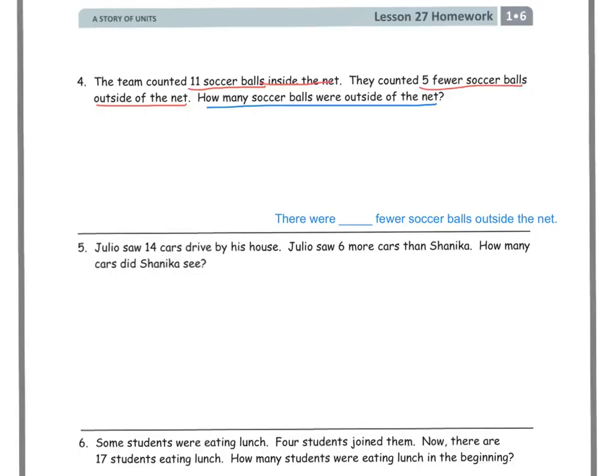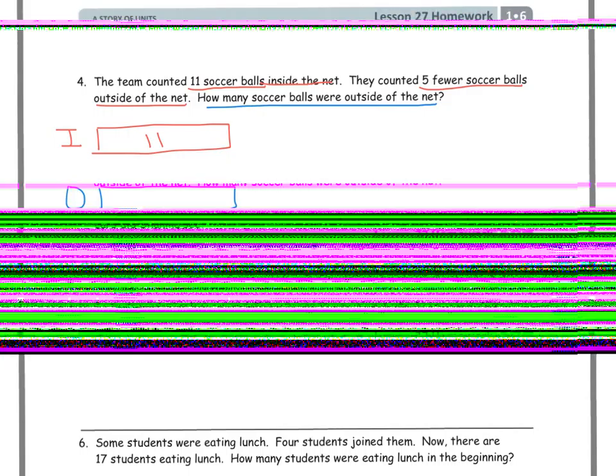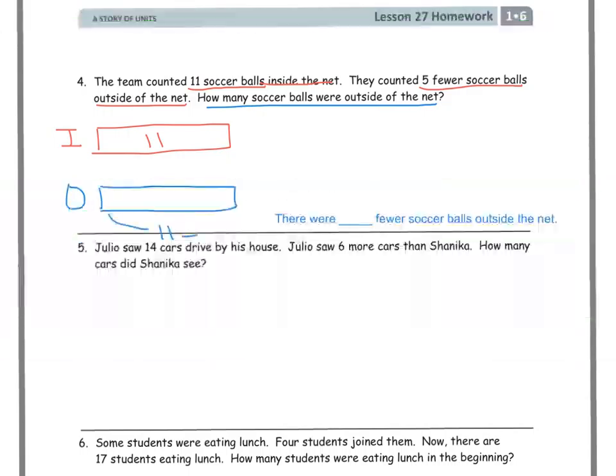Now we need to draw our tape diagrams. So inside, I know that there are 11 soccer balls. Outside, it says that there were 5 fewer. So if I draw the whole amount, which is 11, and I take away the 5, because there's 5 fewer, that's going to give me how many are outside of the net.